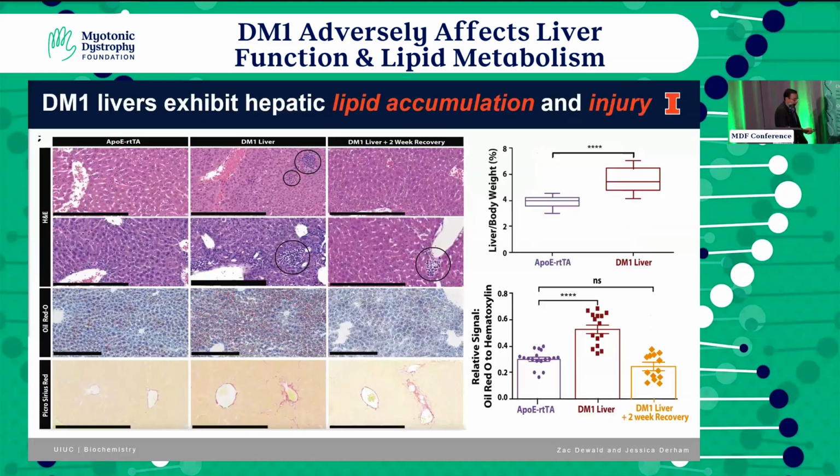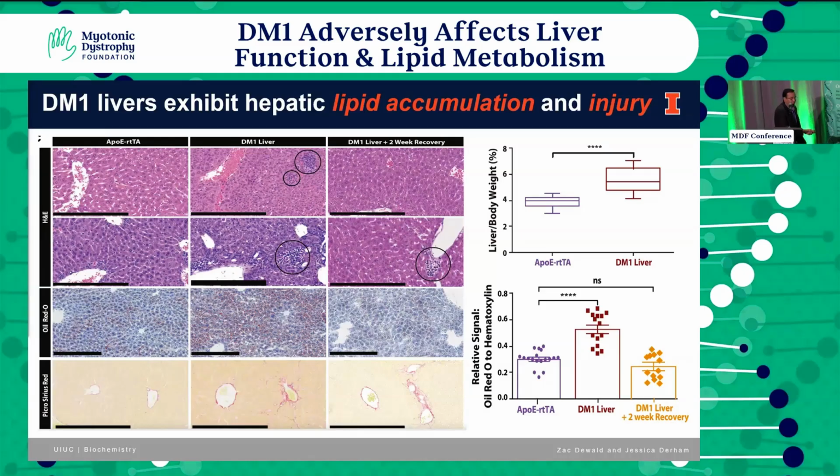Now, in terms of phenotype, one major consequence of DM1 on the liver was increased susceptibility to damage and hepatocellular injury. Compared to controls, the livers of DM1 mice showed frequent pockets of inflammation, a biliary response, and some mild interstitial fibrosis.